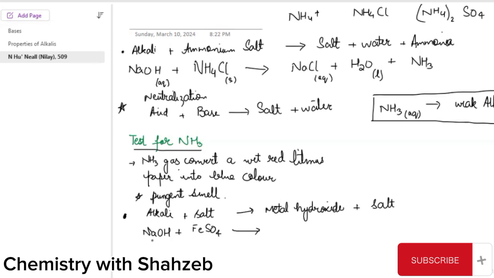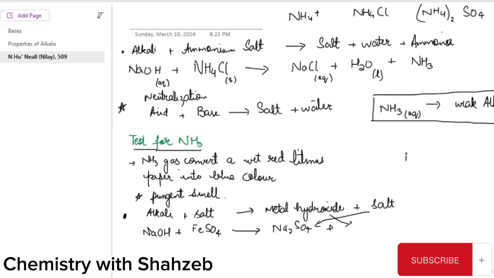you can see this sodium would go and react with this, and it would form sodium sulfate. Here we can write Fe reacting with OH. We don't know the charge of Fe here.